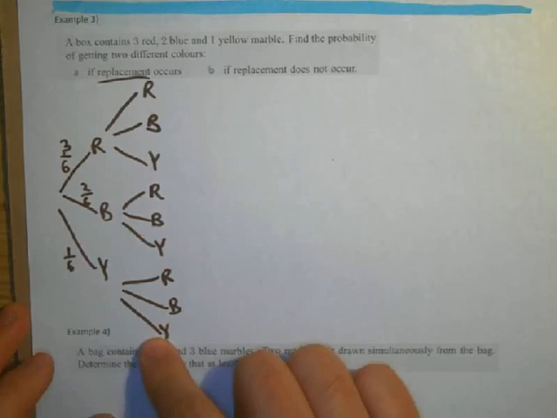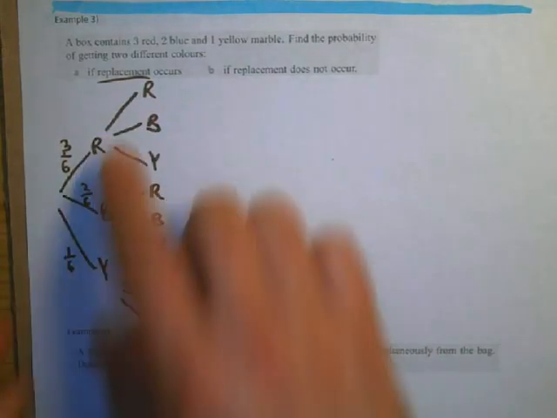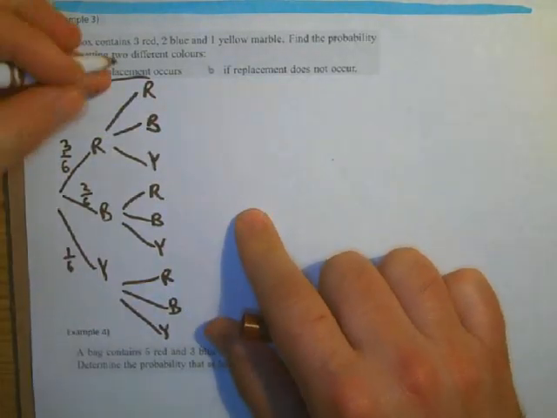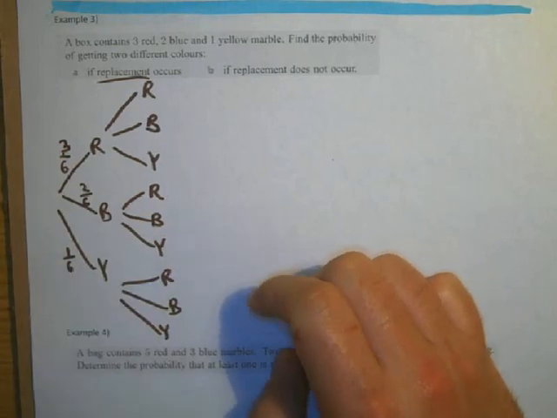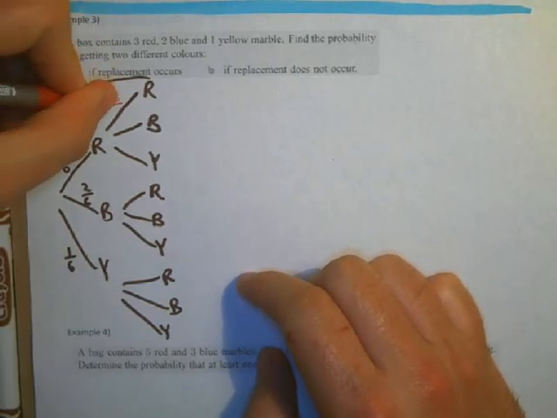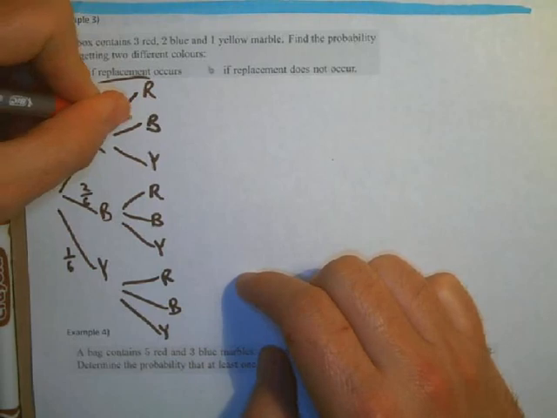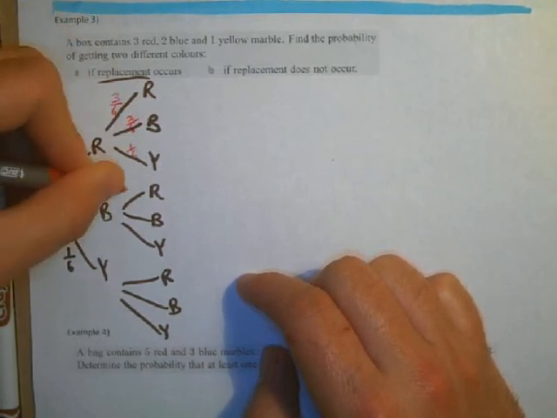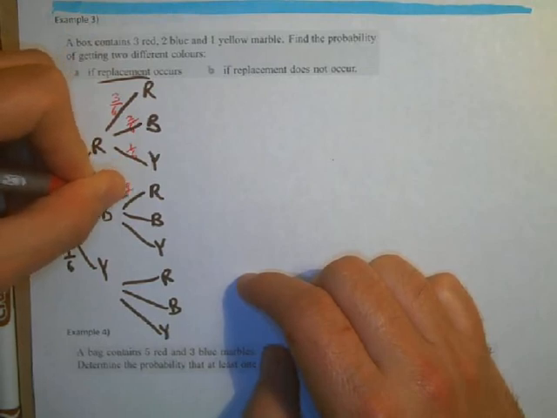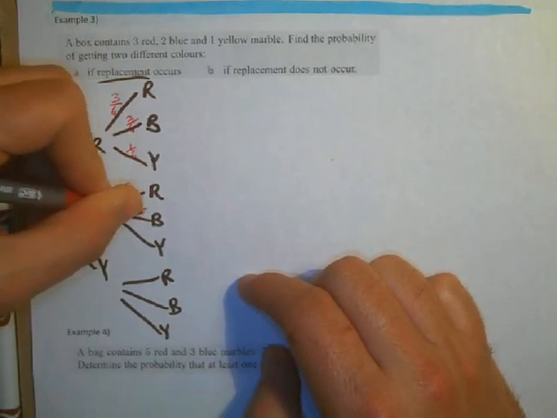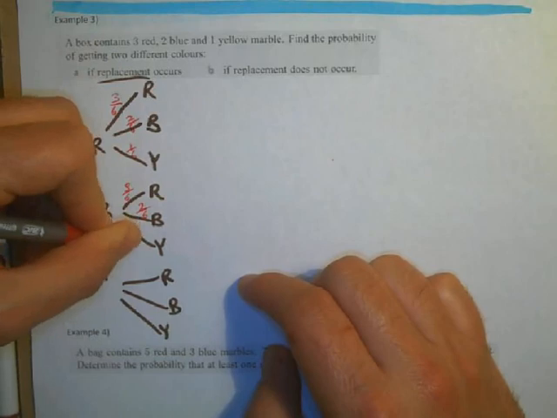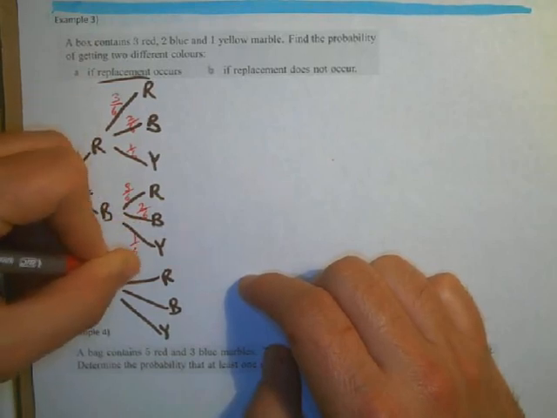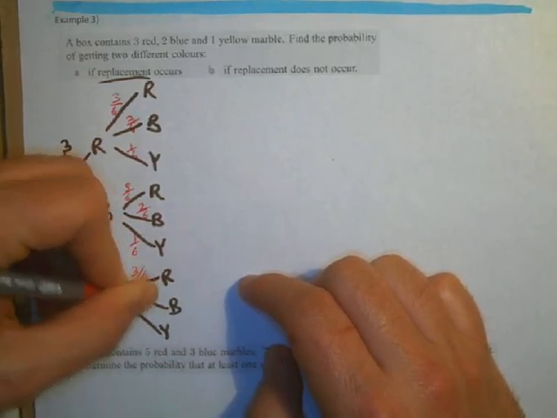If we go red, then these fractions all stay the same: 3 over 6, 2 over 6, 1/6. Likewise for the other branches: 3 over 6, 2 over 6, 1/6.